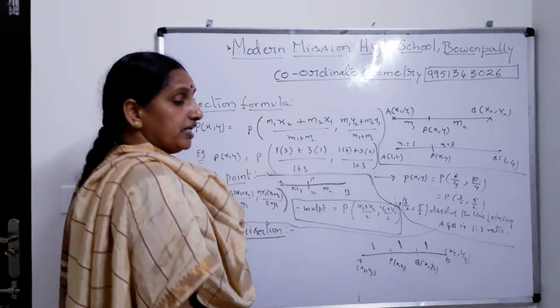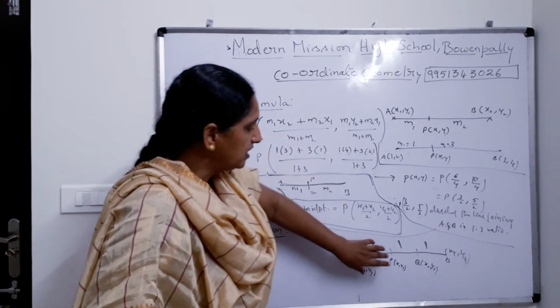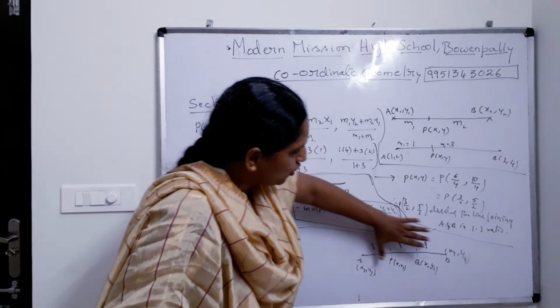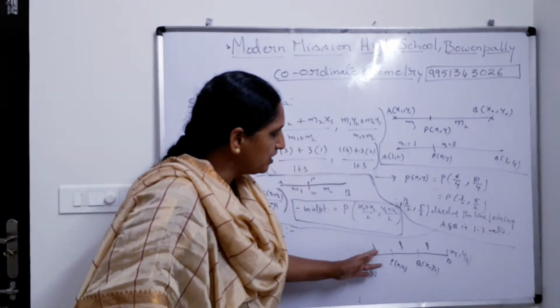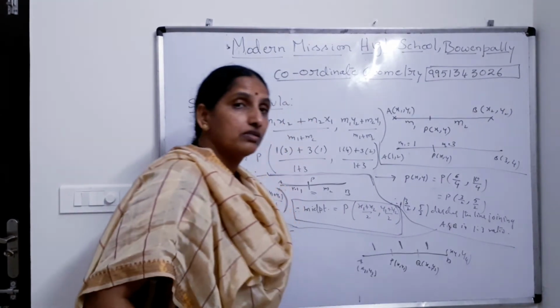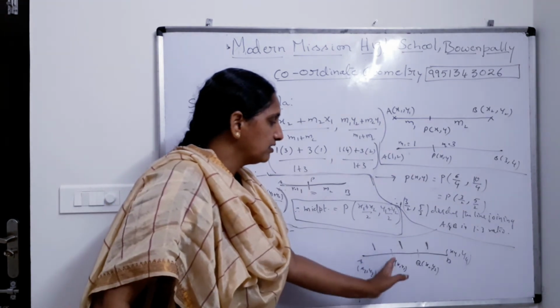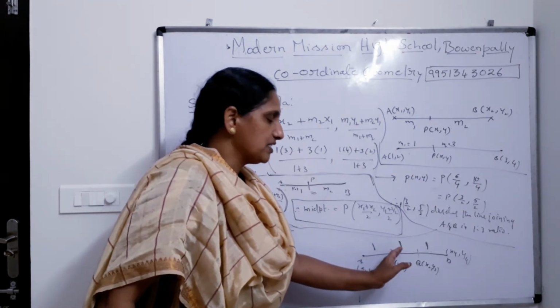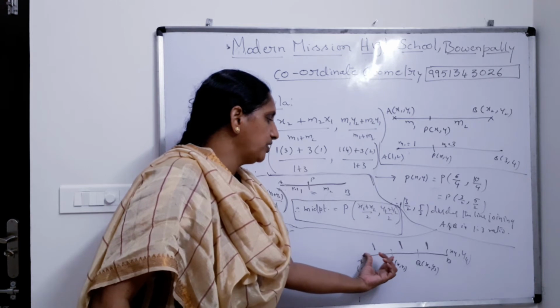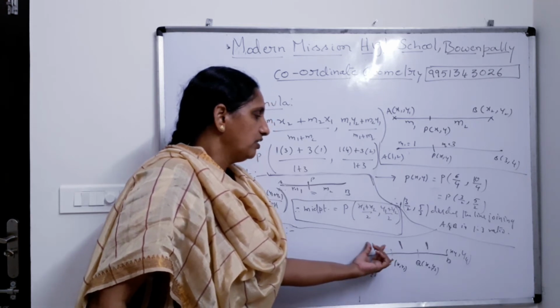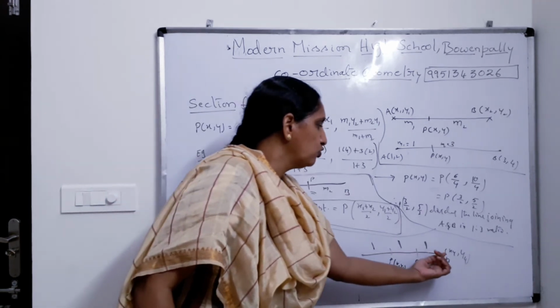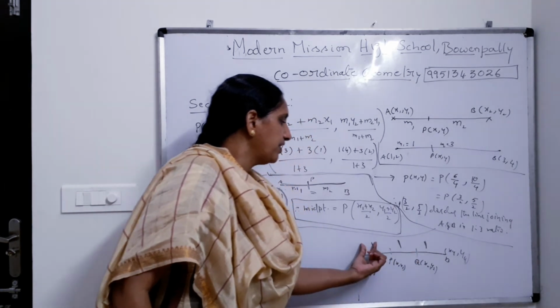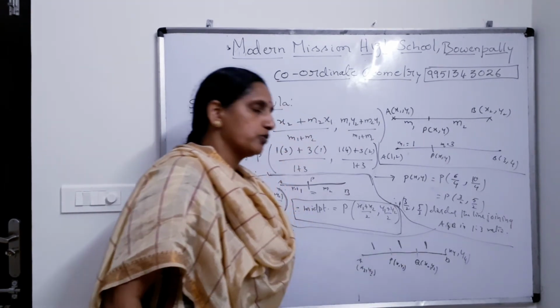Now to understand, this P divides the line joining these two in 1:2 ratio, is it not? Because here P is here. If you take P as a reference point, from A to P you have only one ratio and here you have 2. That means it is dividing in 1:2 ratio.